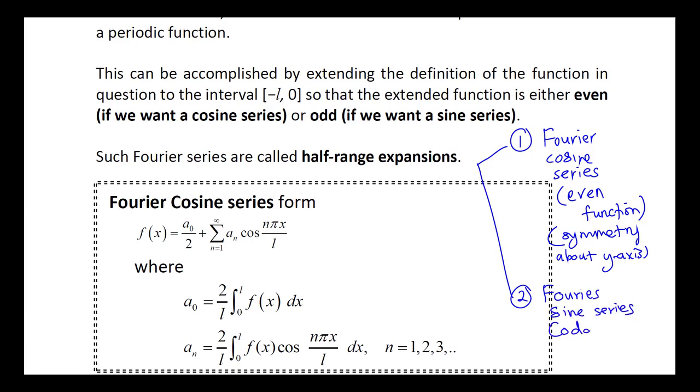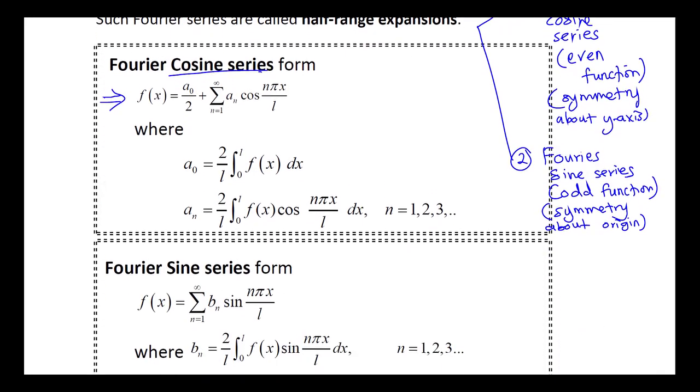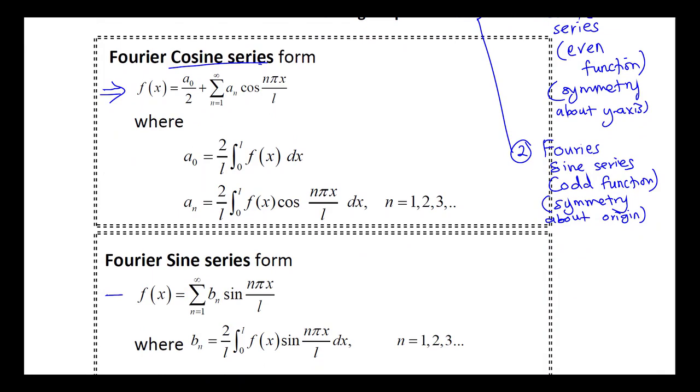This one is an odd function, symmetry about the origin. Same thing, if even function, cosine series, you can use this formula. This is the same formula. If odd function, you can use Fourier sine series, which is this formula.